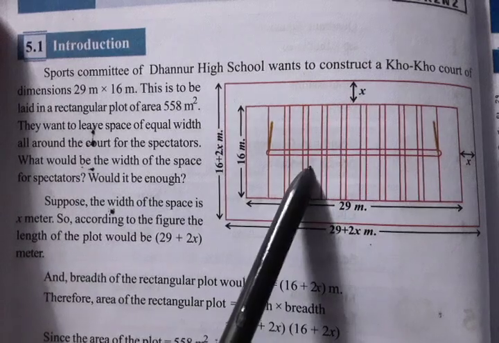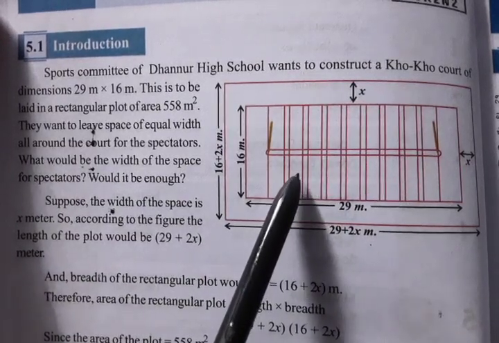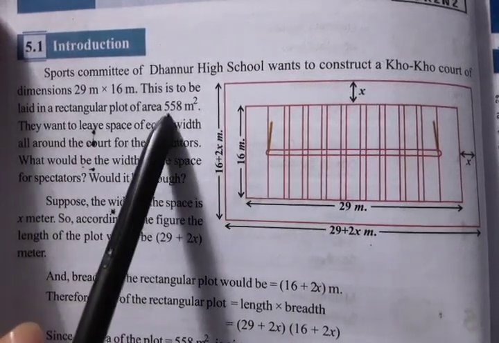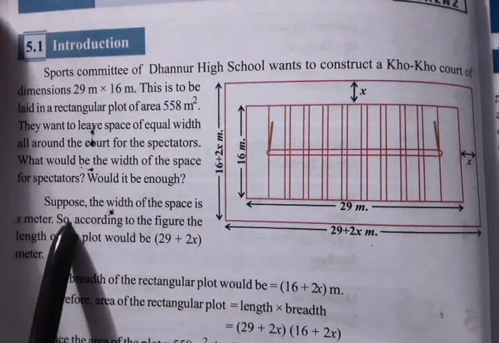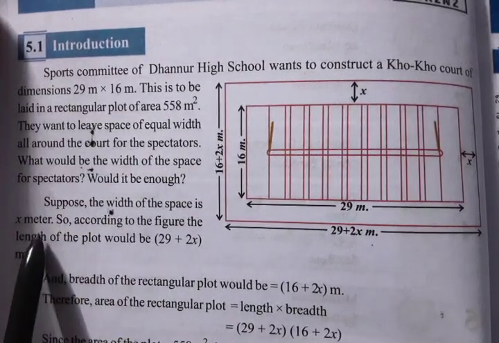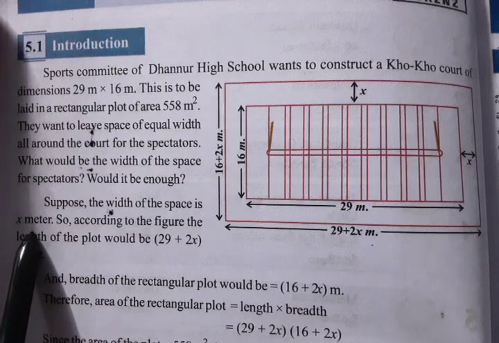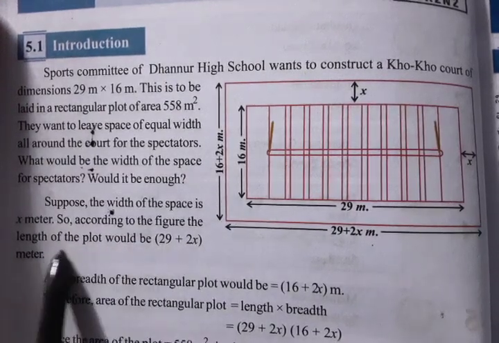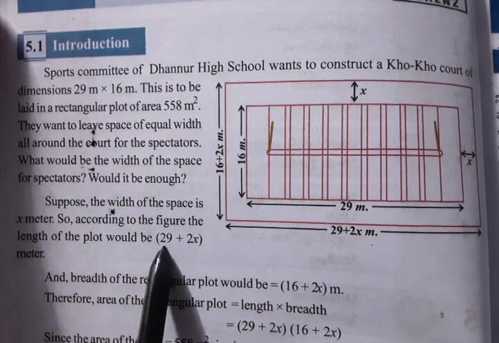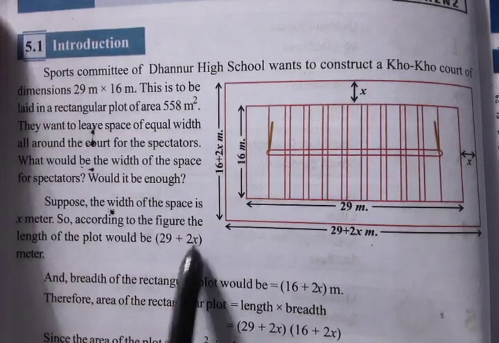Now the total area of the plot is given as 558 meters square. Since the width of the space left over is x meters, according to the figure the length of the plot would be 29 plus 2x. Why?